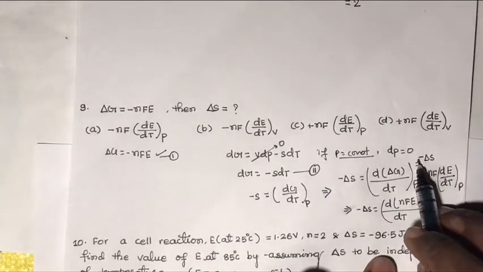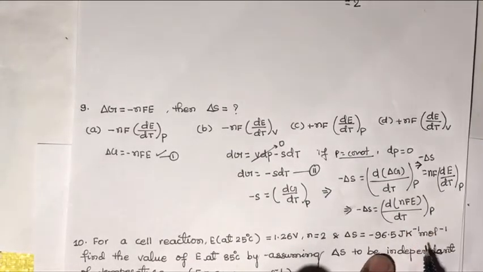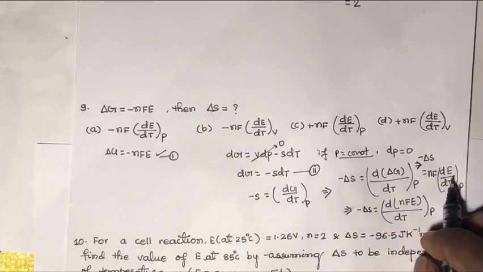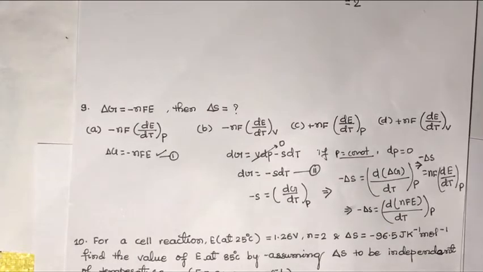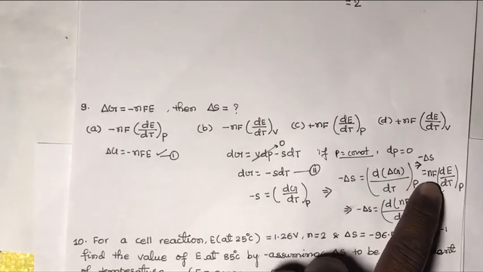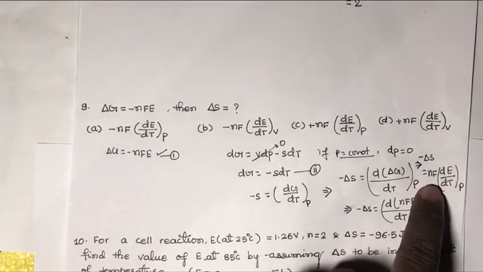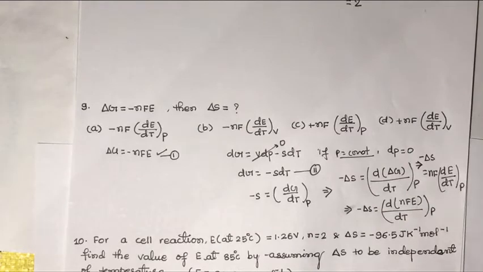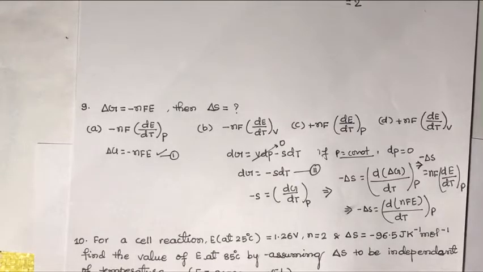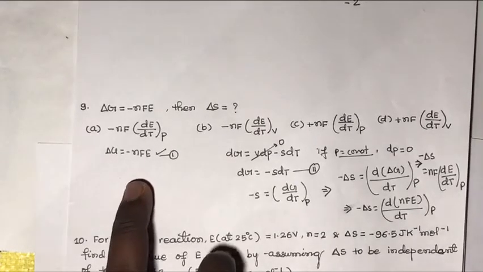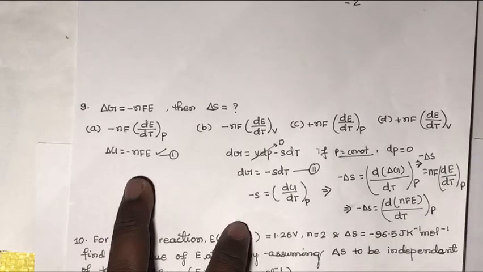So this is delta S, and there is a negative sign here, so if you take the negative sign on the right hand side, then it will be equal to minus NF dE upon dT at constant pressure.